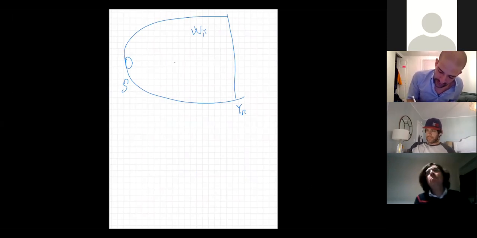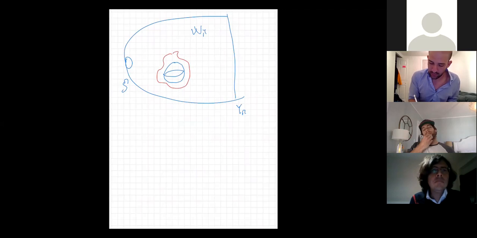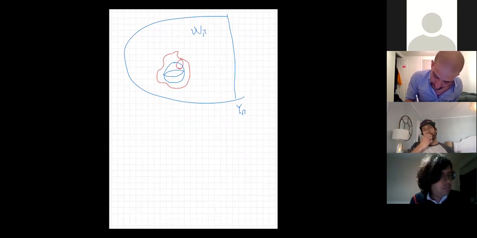So it gives you a sphere. And then you can look at the tubular neighborhood of the sphere. So you can maybe imagine that the ball we remove is inside here. And this is a disk bundle, right?